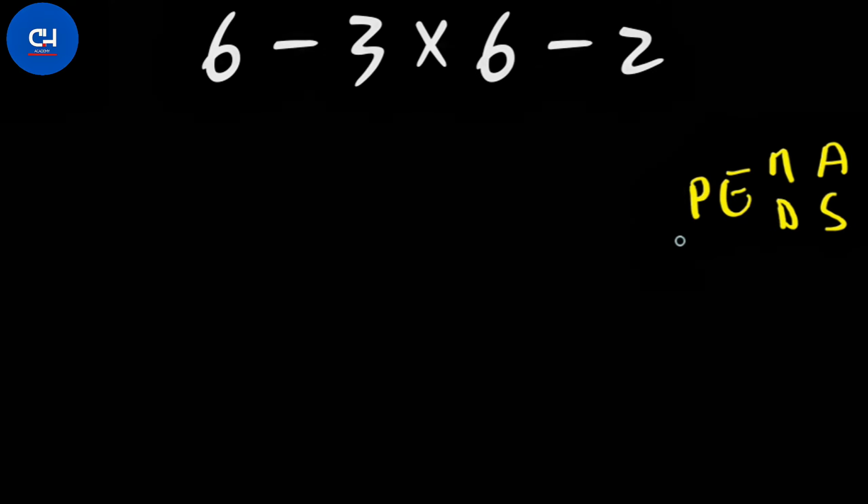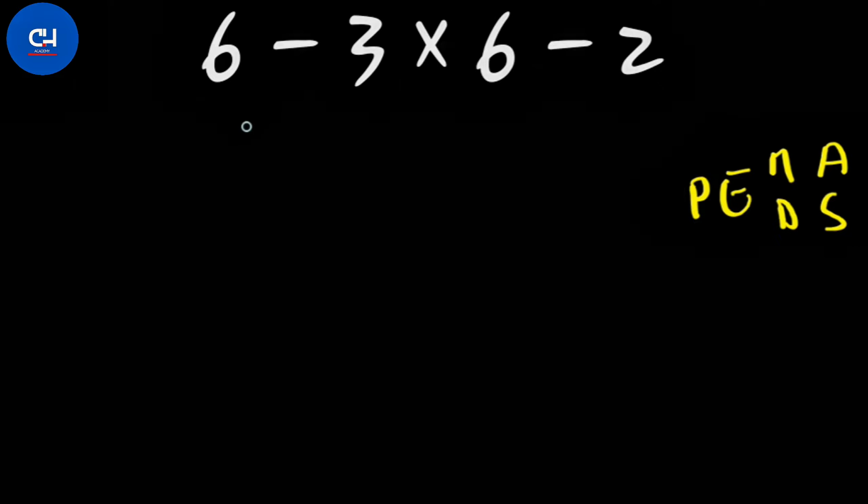So, when you have an expression like this containing many signs like multiplication, division, addition, subtraction, first you have to start by solving what is inside the parentheses, then what has an exponent, then you follow with the multiplication or the division, and finally you solve the addition or the subtraction.